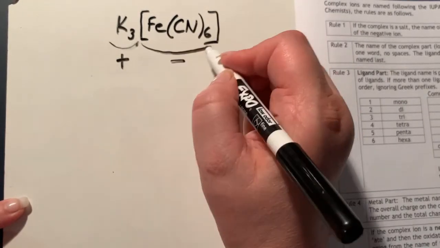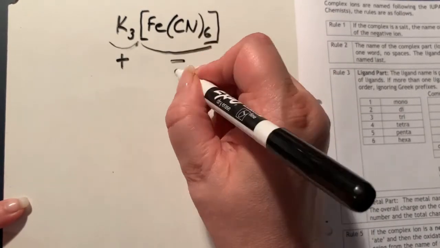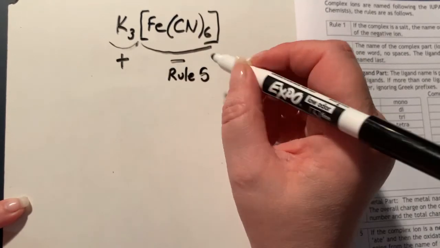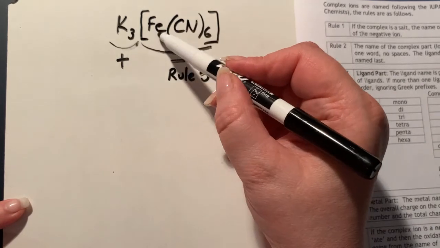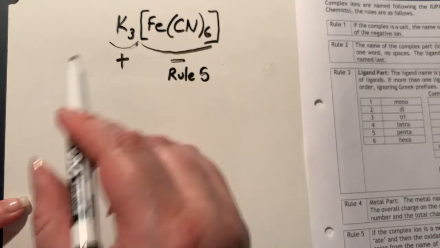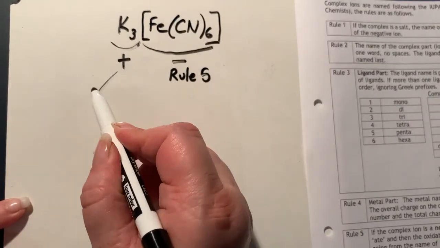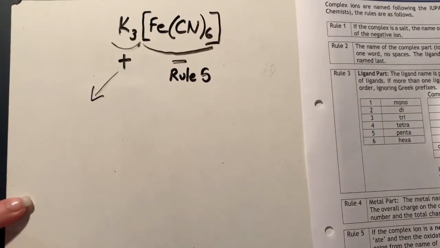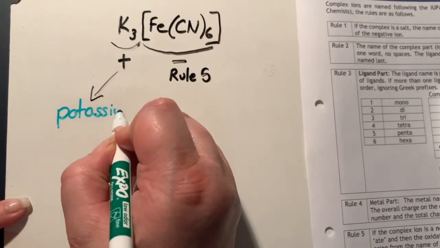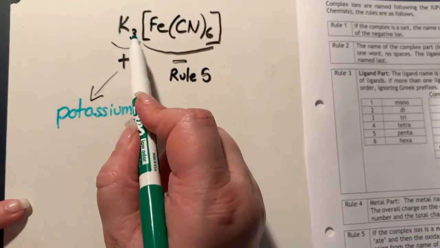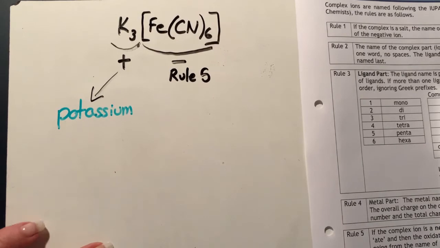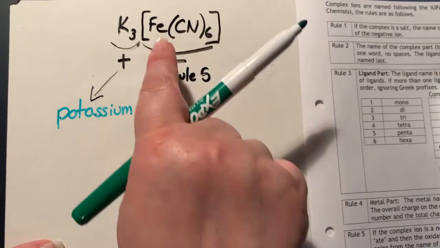Because this complex is negative, that means it's rule 5 that we need to deal with, which means that this is going to get our funny Latin names. The first part, though, is really easy because it is literally just potassium. And it doesn't matter that the 3 is here. Then we have a look at the rest of this.